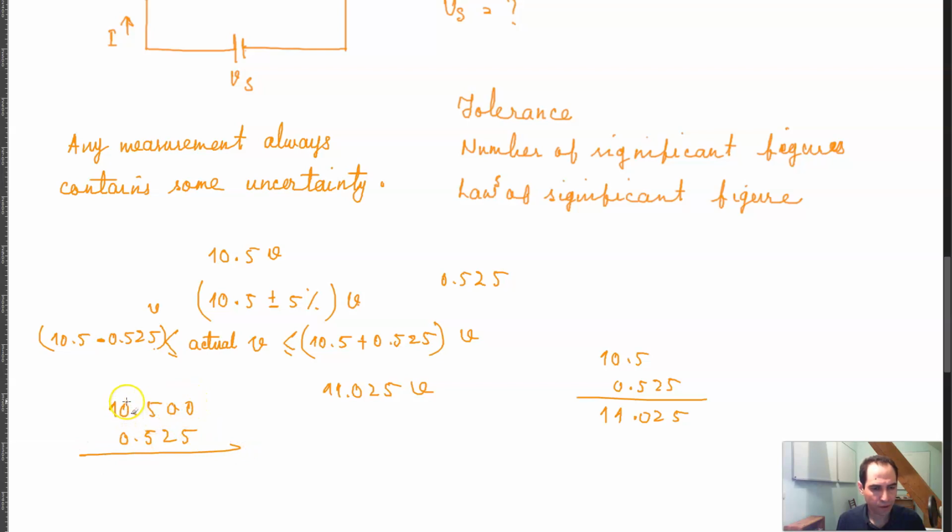basically 9.975 volts. So the actual voltage, if I call it V1, is any voltage between 9.975 volts and 11.025 volts.